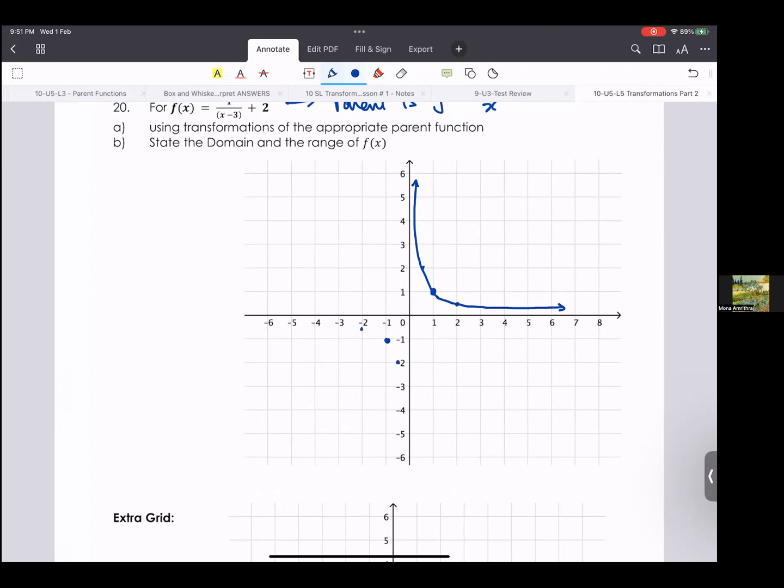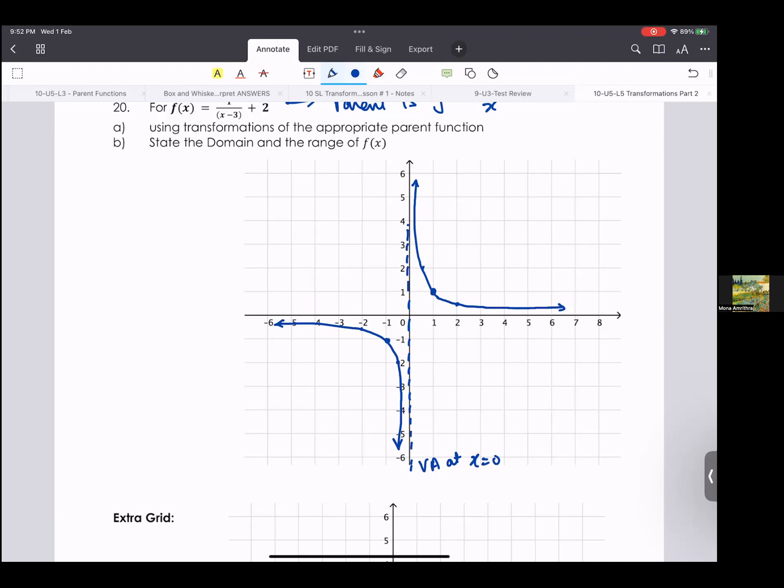So I have this part of the graph going like this. Okay, so this is the parent graph. There is a horizontal and a vertical asymptote in the parent graph. The y-axis is also called the x equals 0 line, so that's the vertical asymptote.